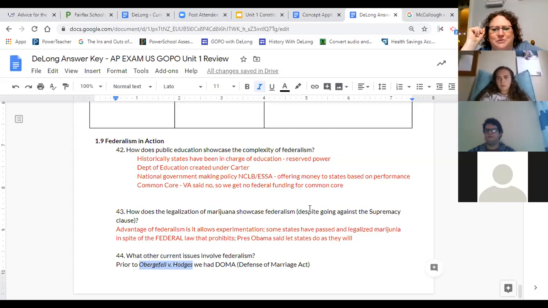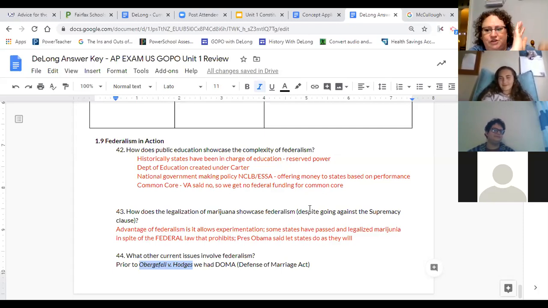If you have a religious reason for being opposed to homosexuality, wouldn't you also have a religious reason for being opposed to people who aren't married, living together, posing as a married couple? Sorry, little soapbox of Miss DeLong. Virginia, prior to the Defense of Marriage Act, has always recognized common law marriage, okay?